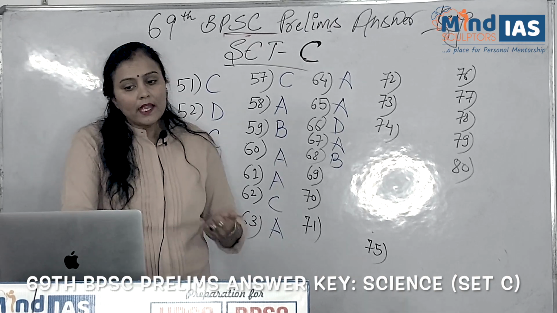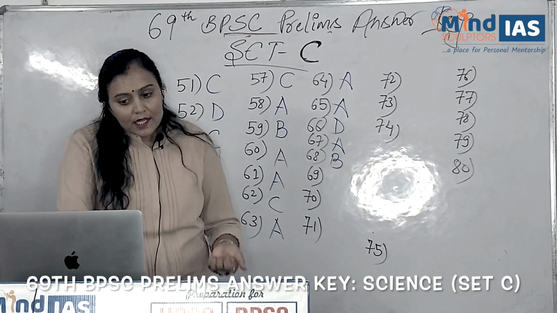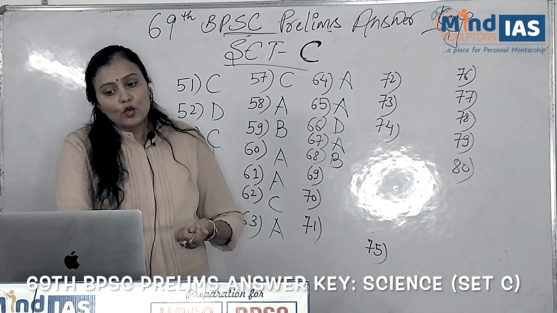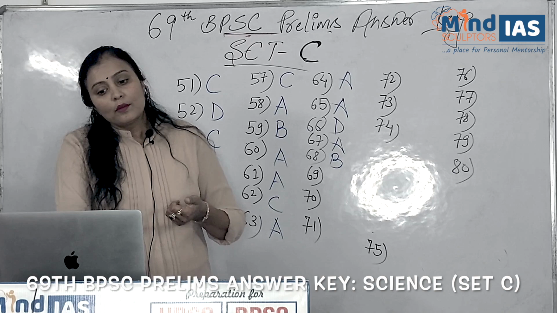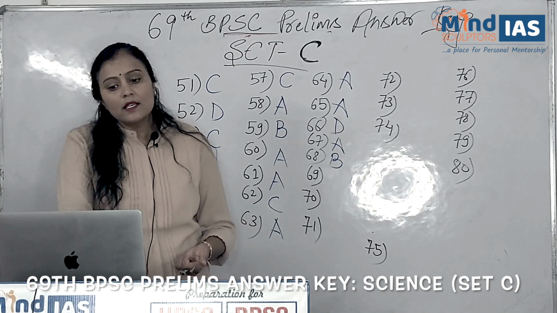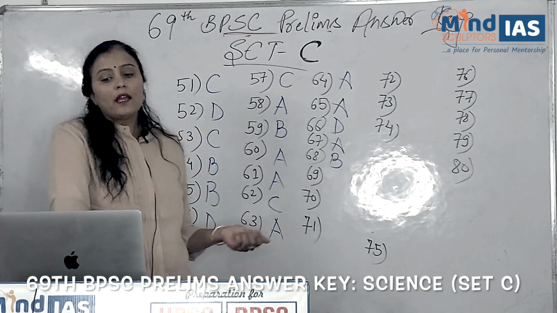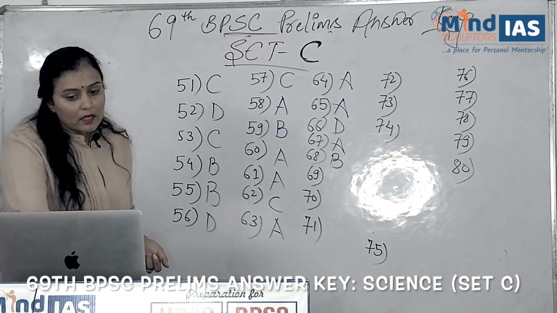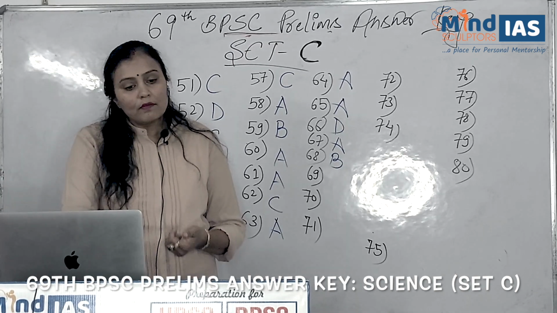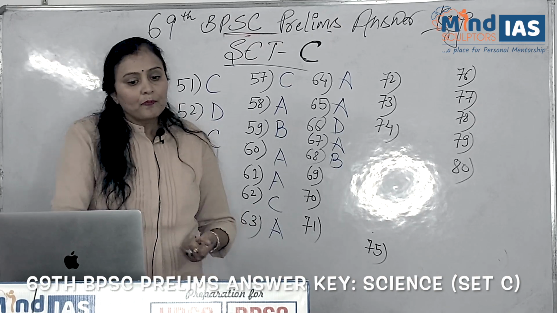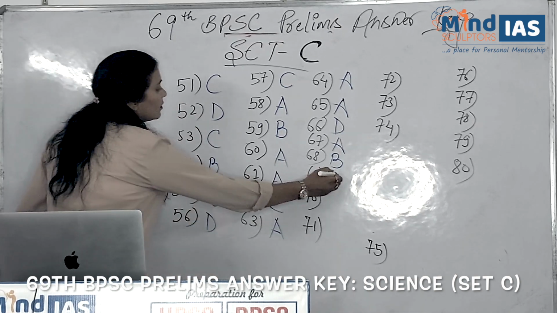For Juno, the right answer is Jupiter. For Artemis, the right answer is human space flight, Moon to Mars. And Veritas is a mission started by the US for Venus. So the correct option for this question is 69C.